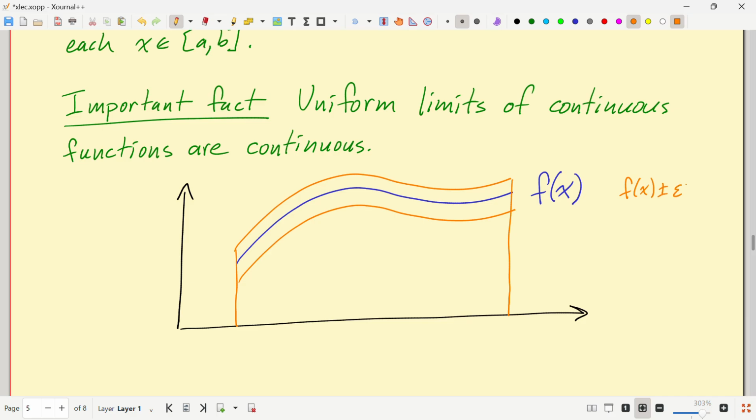Uniform convergence means our functions fn eventually get stuck in here. They can wiggle around like crazy, but they stay within this band. That green thing would be fn of x, and they'd have to be stuck in that band on the whole interval from a to b.